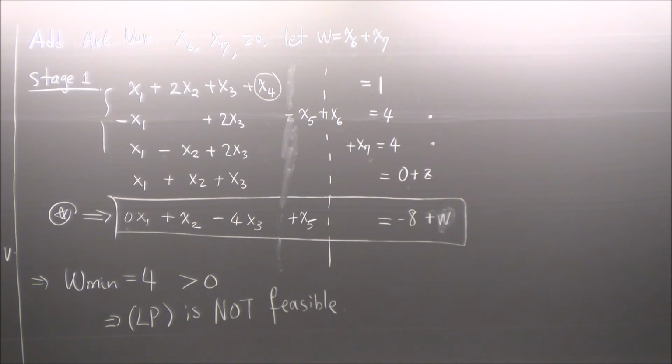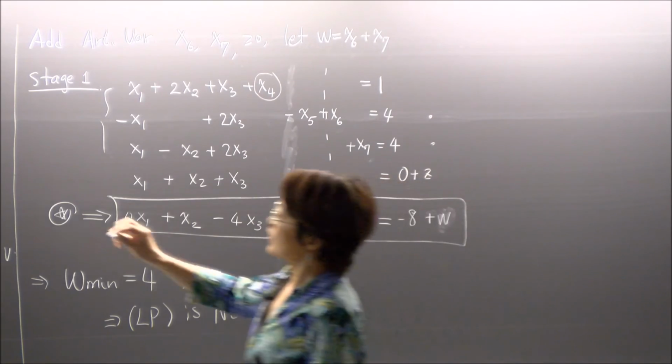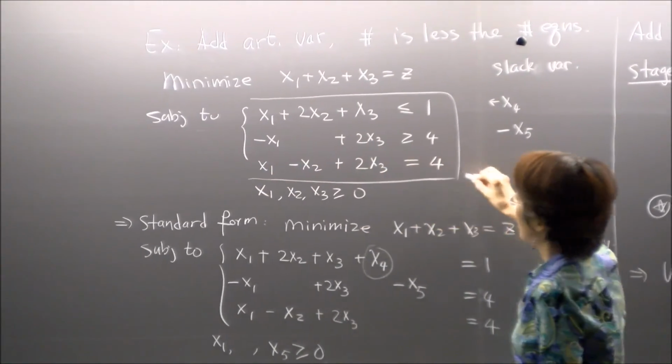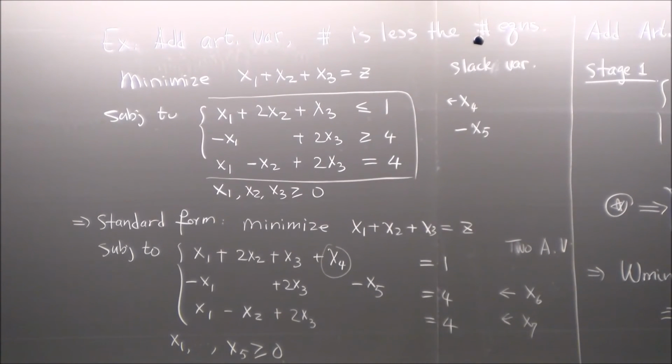So this process of adding artificial variables and adding this W, trying to minimize W, actually will detect non-feasible problems. So you can just stop and you don't have to waste time on it. Because looking at the original problem over here, it's not easy to see that this is not feasible, isn't it?